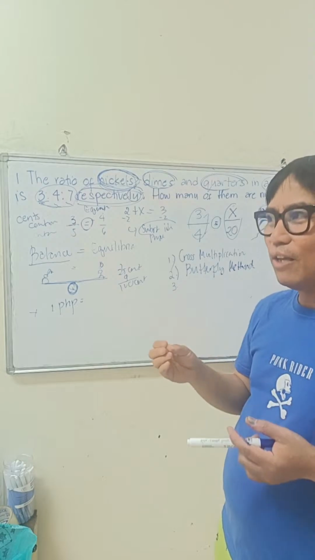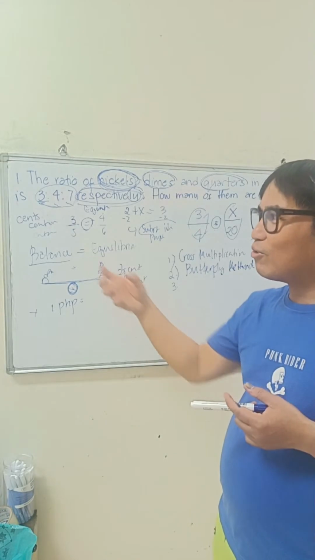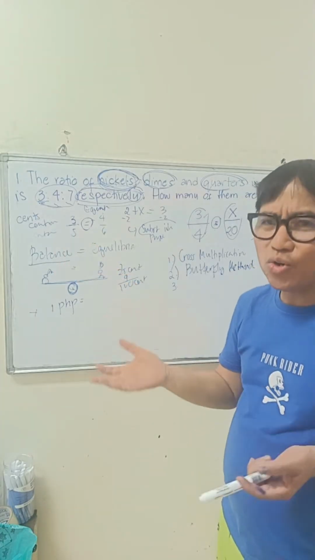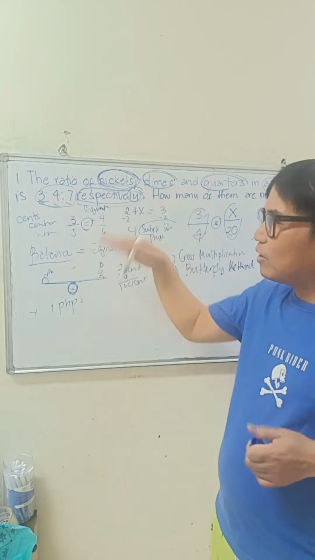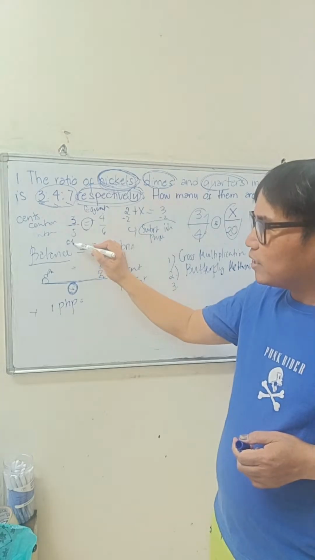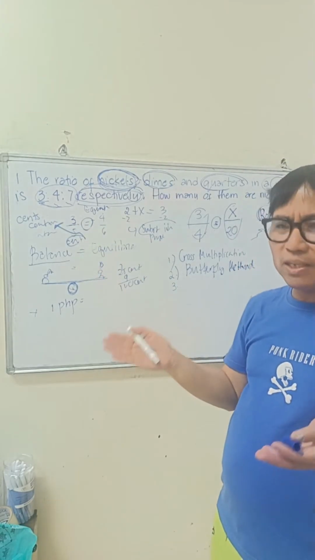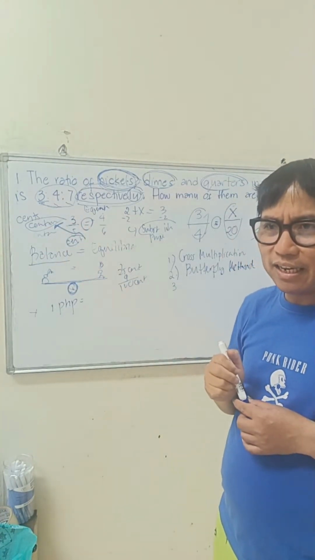Because if we try to abbreviate these words also, it would be parallel to cent. For example, 1 century. If you try to abbreviate century, you will cut off the rest and put cent also, so it will become redundant with the abbreviation of centavo. You get the point? Things like that.